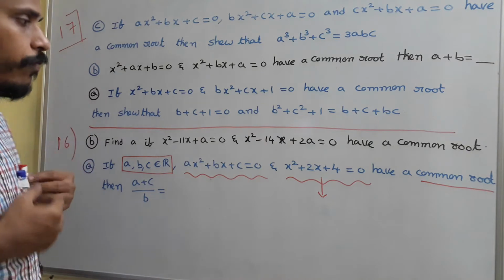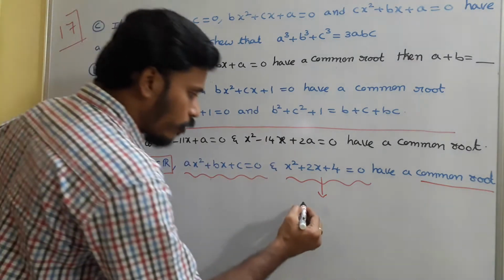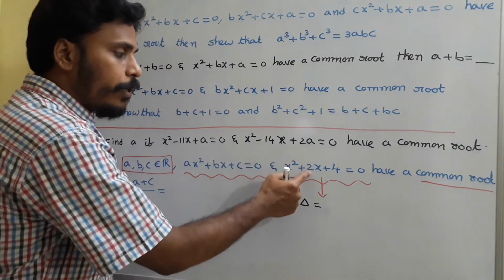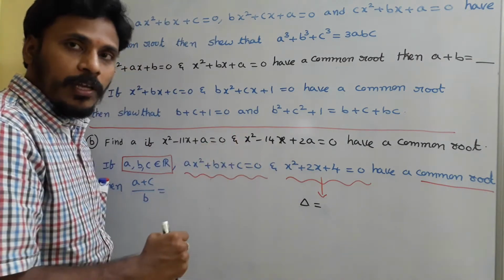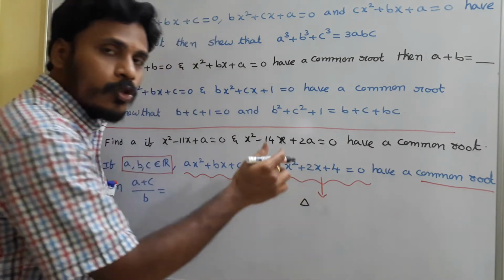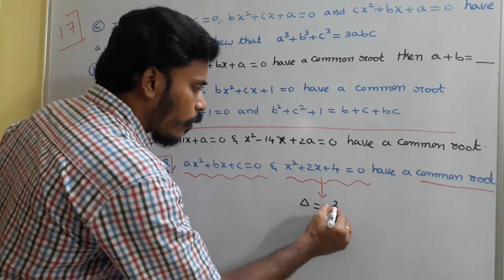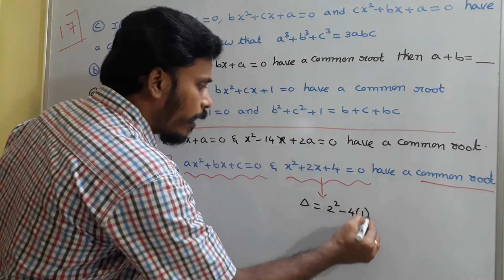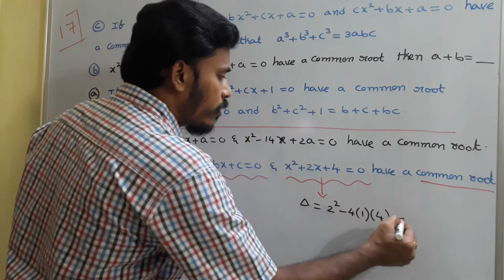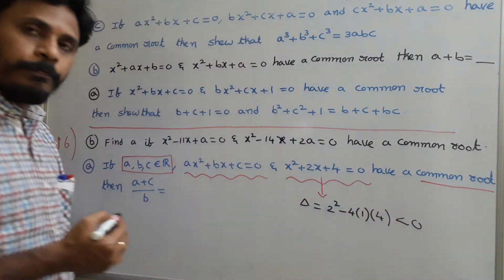The discriminant is b square minus 4ac. Calculate: b square is 2 square, minus 4 into a, the coefficient of x square, which is 1, and the constant c, which is 4. This discriminant is clearly less than 0.